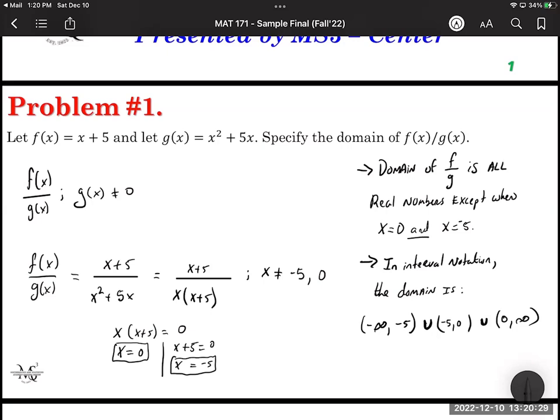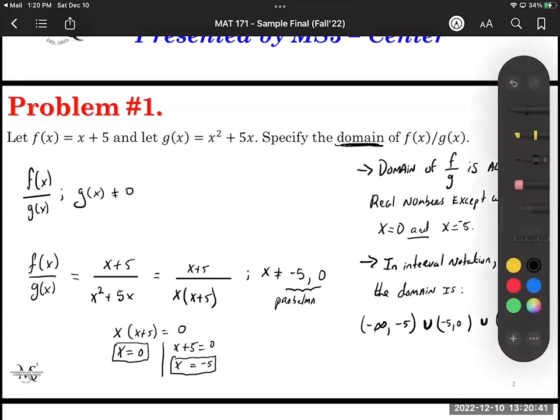Yes. Well, no. You have to talk about what is exactly your domain. You see, x cannot be equal to -5 and 0 because they're problematic inputs, and because they're problematic inputs, you cannot divide by 0, right? -5, if you plug that in, you will get a 0 in the denominator.